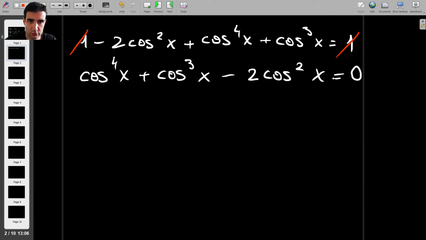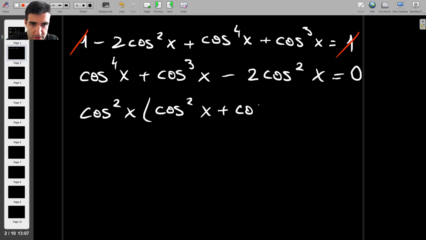Okay, so what we can do now is obviously factorize a cosine squared. So we have cosine squared of x times, and then we have cosine squared of x plus cosine of x minus 2, and this is equal to 0. So now we have two cases that we have to look at separately.